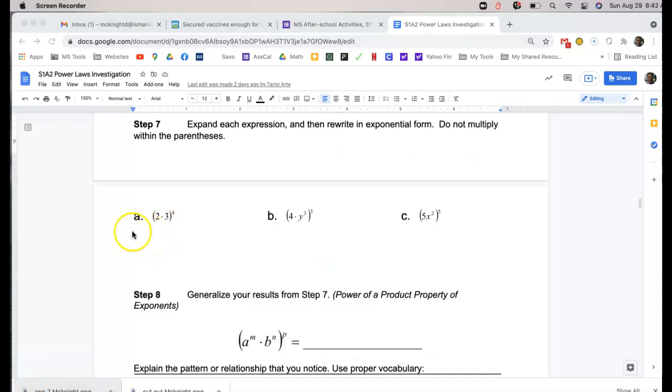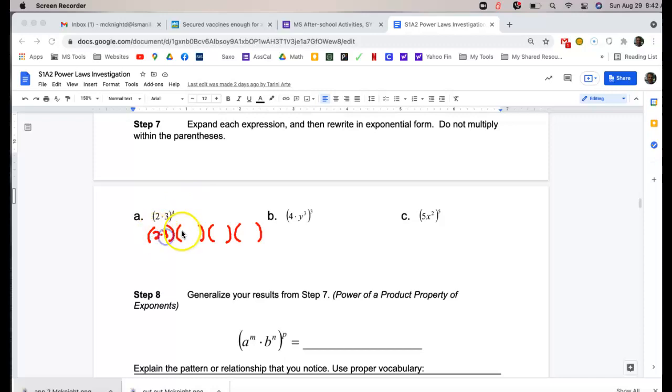Okay, so let's take a look here. If I expand this, so if I write this out 4 times, okay, so they said not to multiply. I know it's 6 if I multiply, and that would just be 6 to the power of 4, but let's look at this.